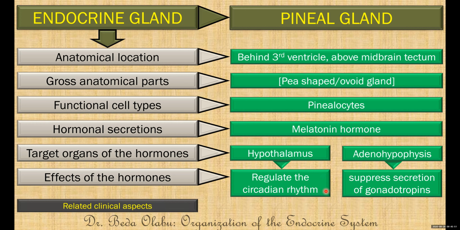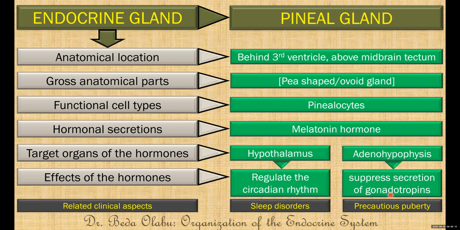Therefore, if you have trouble with melatonin, you can affect any of these two. With regard to the first one, you may have disorders of sleep. These usually tend to occur when there is deficiency of melatonin. And with regard to this, you may have precocious puberty. The suppression of gonadotropic hormones in humans is particularly important before puberty.